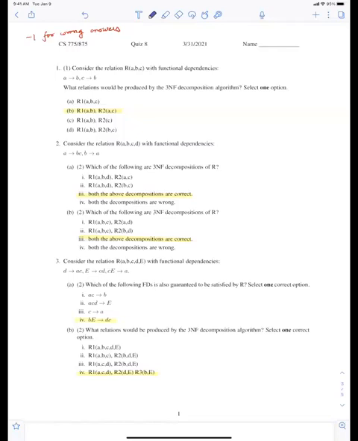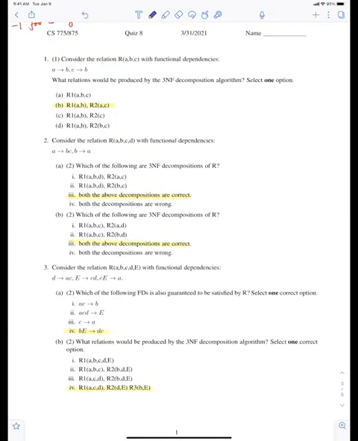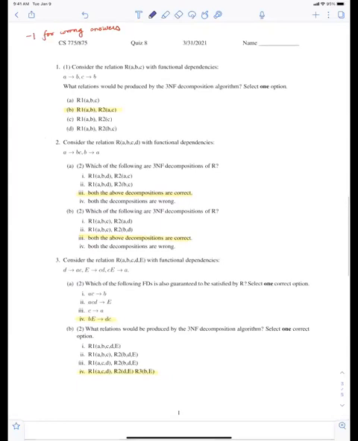So when you are trying to find out the third normal form decomposition, the first thing is you find the key. For the first relation, you have A going to B and C going to B. So you never have A or C on the right-hand side of a functional dependency.